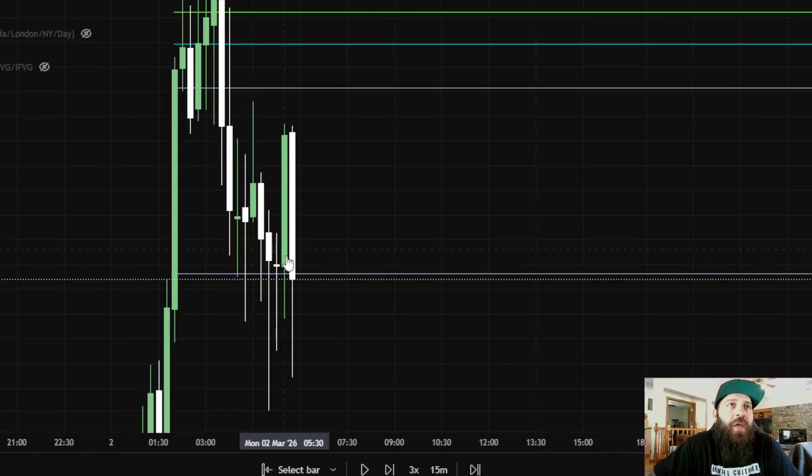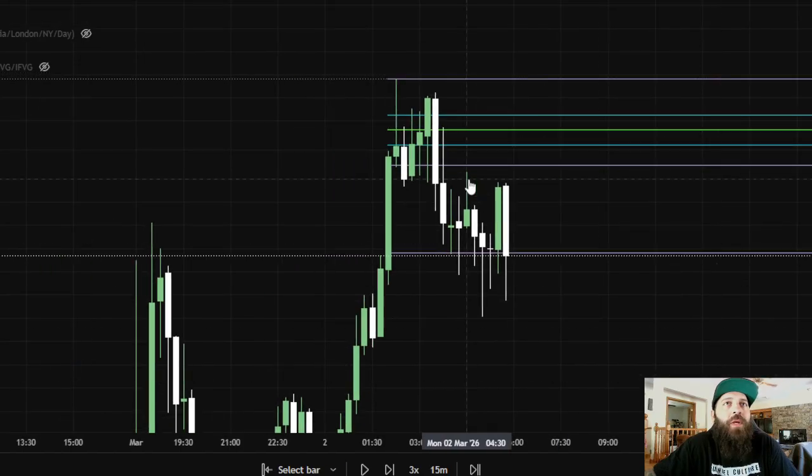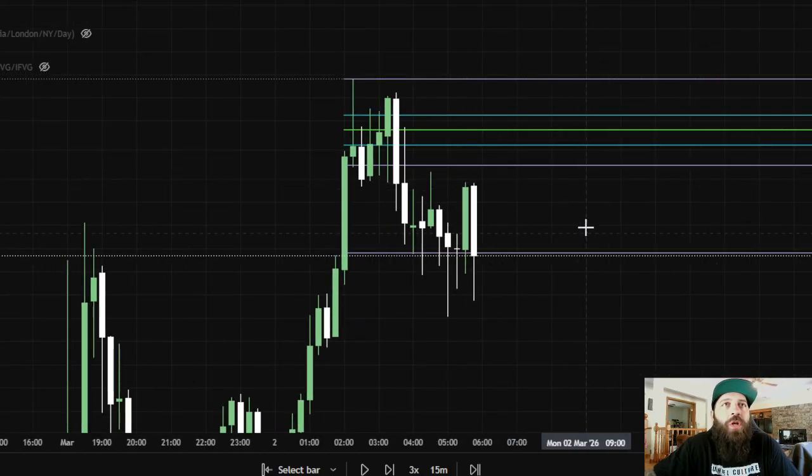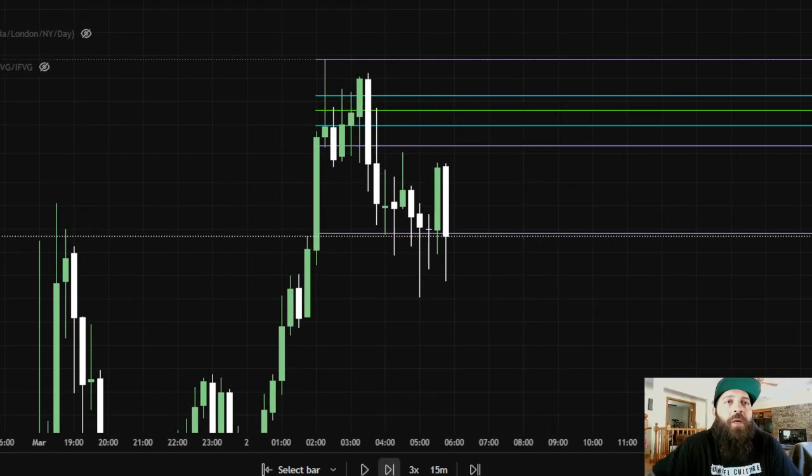Unfortunately, we don't have a candle 2 here, although it is close to an engulfing candle. Be interesting to know if there was SMT here with silver. Then this is where you would start using SMT as confluence. I don't use SMT as this super important, necessary thing.